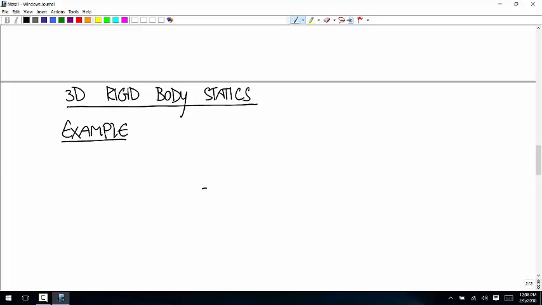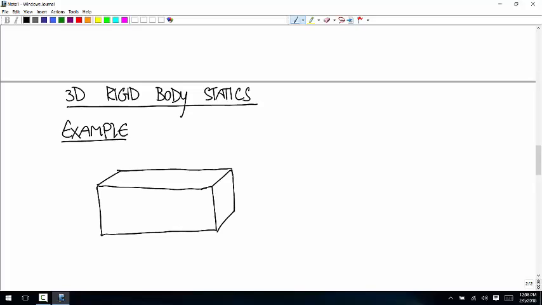So let's say we have this rectangular solid. The forces or the loads acting on it are a force straight forward, at the midpoint of that edge, with a magnitude F. We don't know what that is.